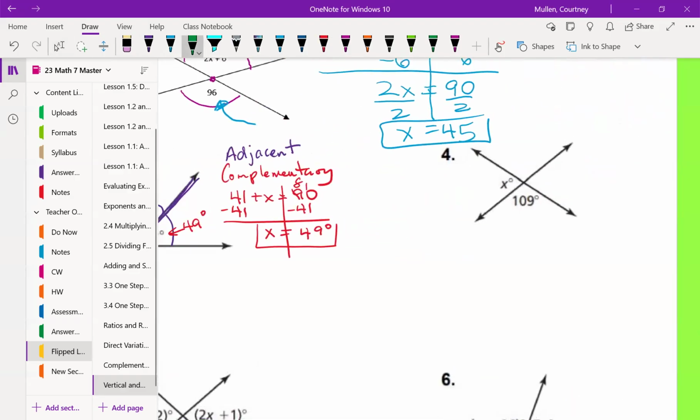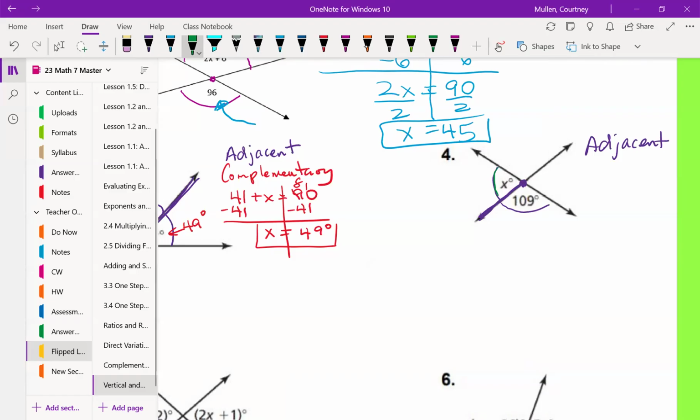Okay, let's take a look at example 4. So these two angles I see, okay, they share this vertex here, and they also share this side. So they can also be categorized as adjacent. But again, adjacent doesn't tell us much.